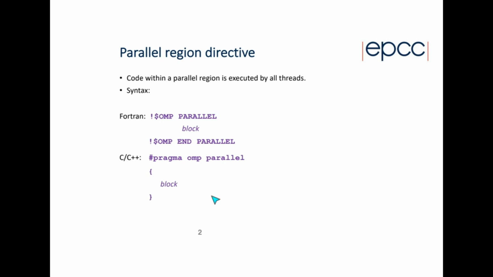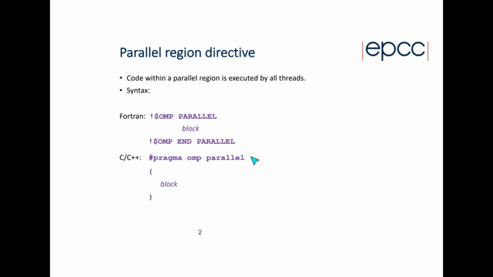For C and C++, it's #pragma OMP parallel, and then typically a block of code in curly braces. A couple of things to note about the C syntax. Unfortunately, because people are often used to this coding style, the opening curly brace cannot go on the end of the directive.